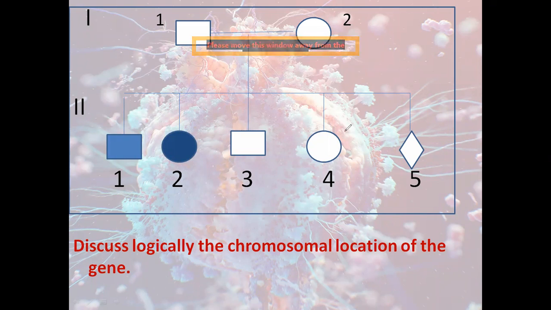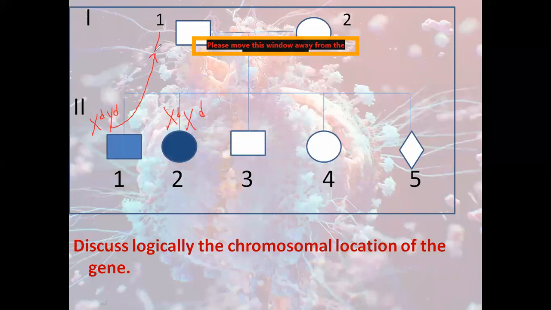Then let's move to the homologous part of X and Y. If it's on the homologous part of X and Y, this individual 2-1 should have XD YD, and this one should have XD XD. So here XD YD, this individual will surely inherit the YD from his father, and will not inherit it from the mother.